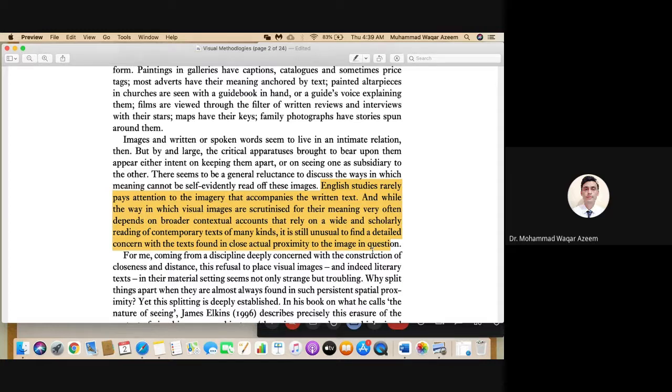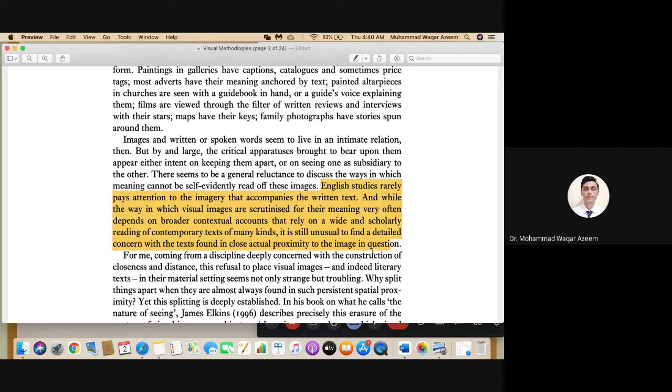Because the scholars in English studies have been biased in favor of the written word. So what is written is always privileged over any accompanying painting or picture or image.